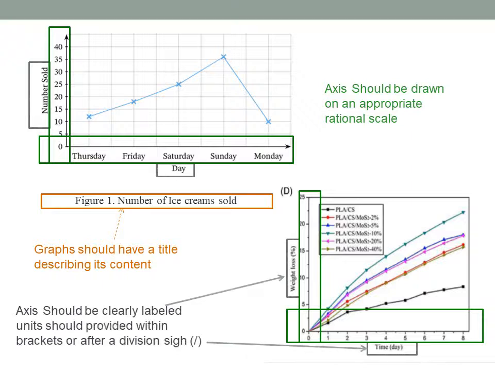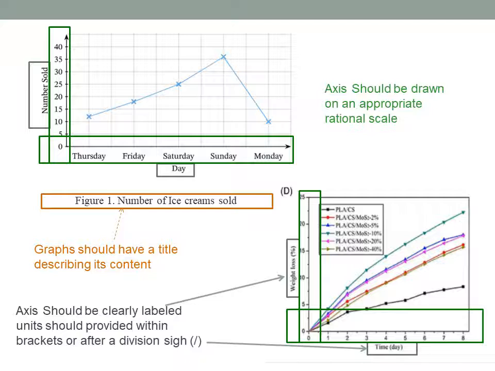Always remember, you should label your axes properly and clearly along with the units. For example, number sold. Do you have a unit? No. Day? No units. But in the bottom graph, you have time, which has a unit, days.